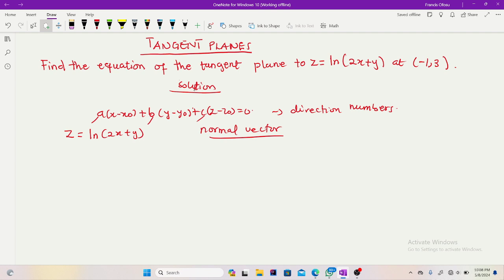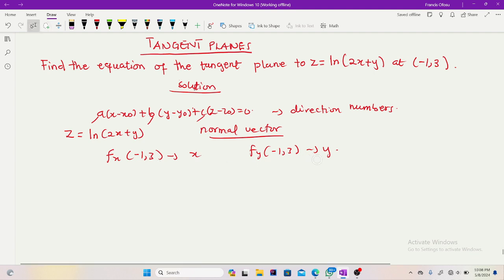So fx of (-1, 3) can give us the direction for x, then fy of (-1, 3) can give us the direction for y. In this case, we can easily find the direction numbers.